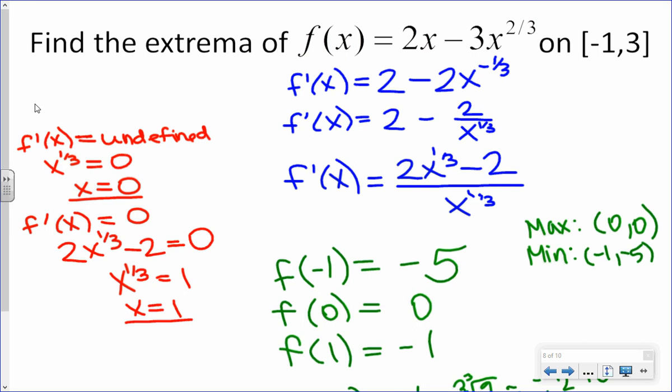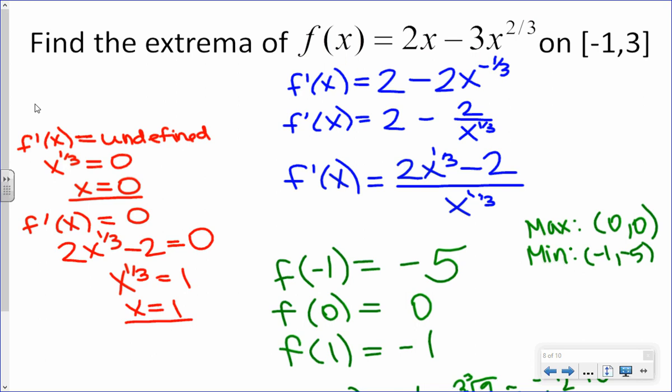So if you were to set this equal to 0 to get that x is 1, you at least need to consider that we can't divide by 0, and so x can't equal 0. Okay, now I think that for some of us it's a lot easier to see it this way, numerator, denominator, okay? But if you do go up here and set it equal to 0, at least consider that that is in the denominator and we don't want to divide by 0 for an undefined derivative.